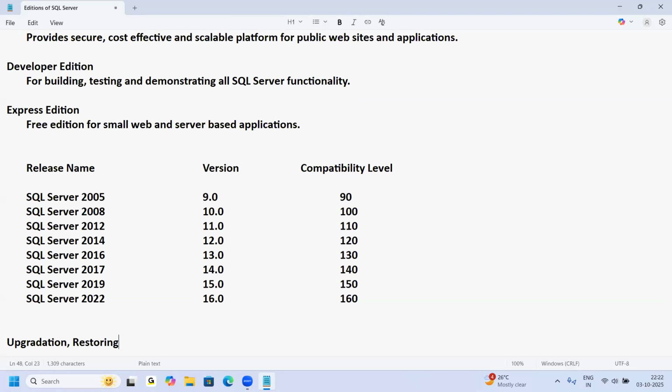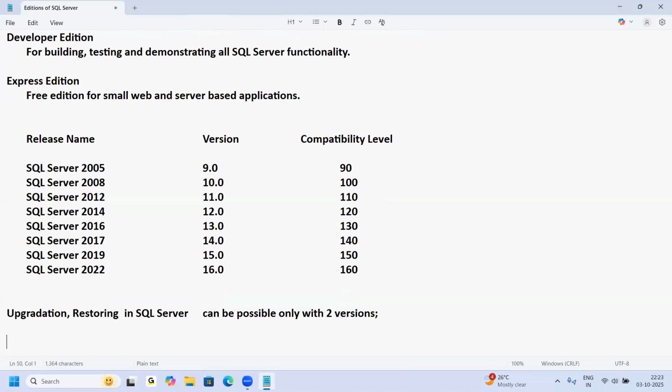Upgradation and restoring in SQL Server can be possible only with two versions. Only with two versions.